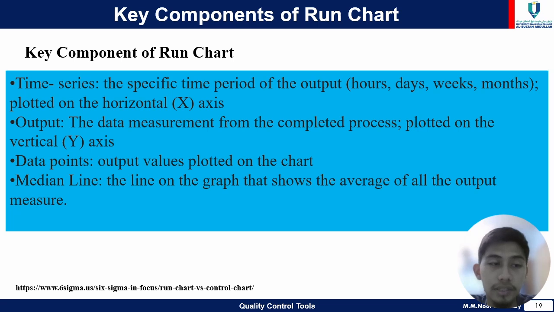Secondly is the output, the data measurement from the completed process, plotted on the vertical y-axis. Thirdly is the data points, the output values plotted on the chart, and then the median line, the line on the graph that shows the average of all the output measures.